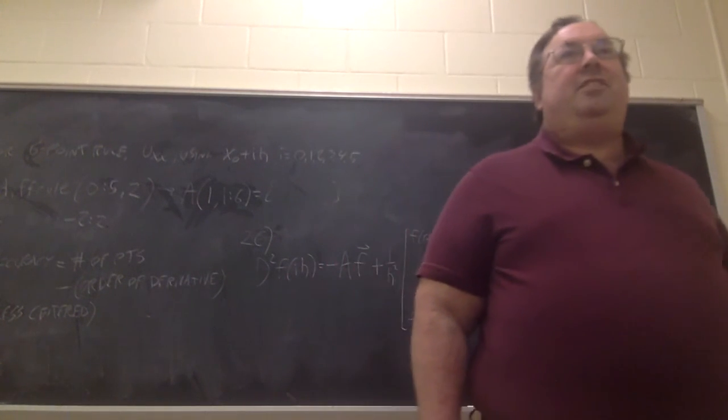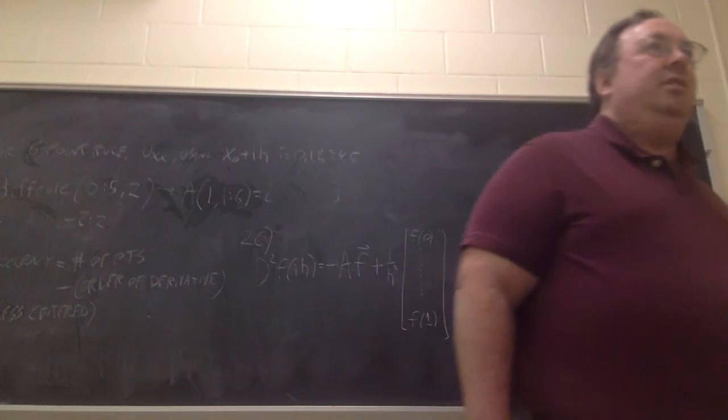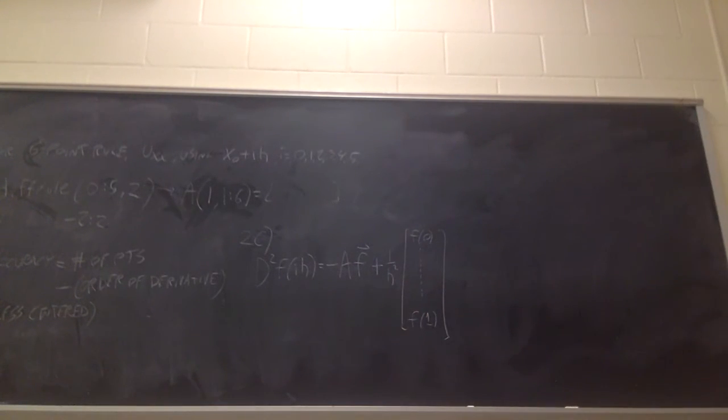The whole thing has to satisfy the boundary conditions, so that's 2 conditions. And the 2 pieces have to match at x equals 1/2, where they join, and the derivative does too. So that's how you get 4 conditions for 4 C's.